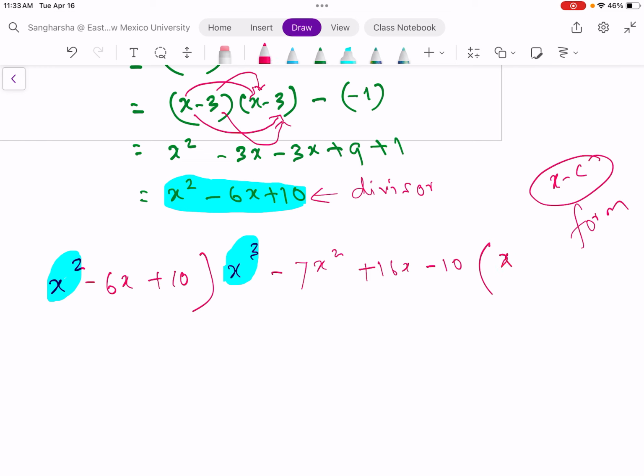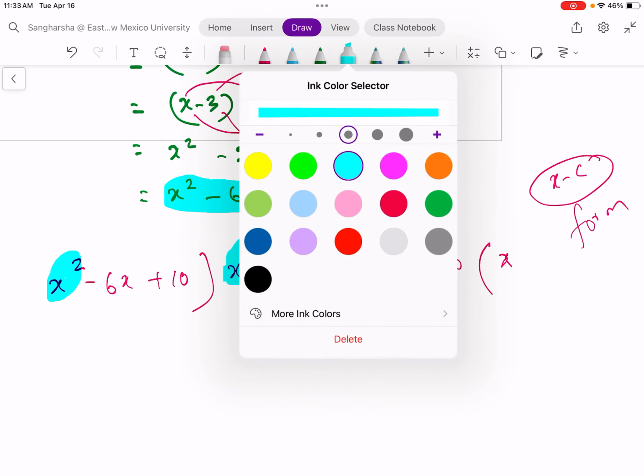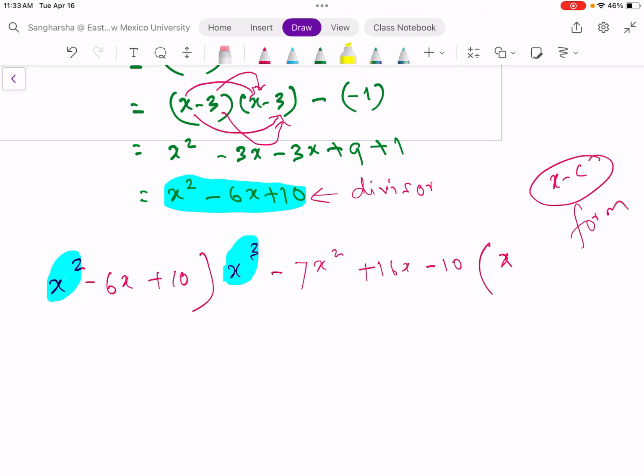This is the first term of the quotient. Next step, we multiply this first term of the quotient by every term of the divisor and write it in the second row. So x times x squared, x cubed; x times negative 6x, negative 6x squared; x times positive 10, that is positive 10x. Then what is the next step?